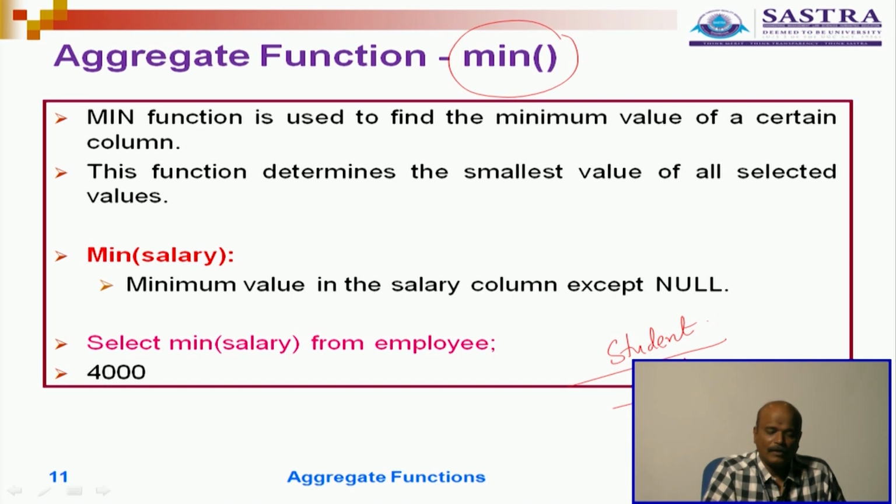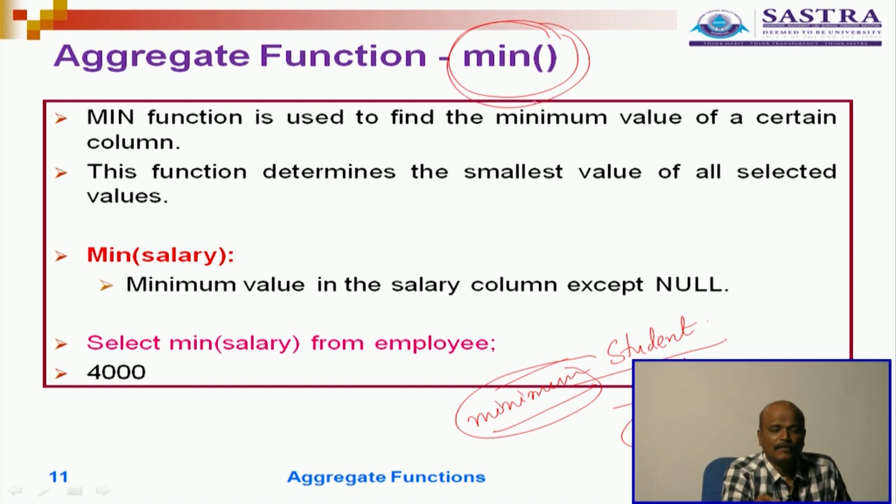Now I want to retrieve the student who has secured the maximum marks, and at the same time display the student who has got the minimum mark in a particular subject. To retrieve the maximum mark, you can use the function max, and to retrieve the minimum marks, you can use the function min.